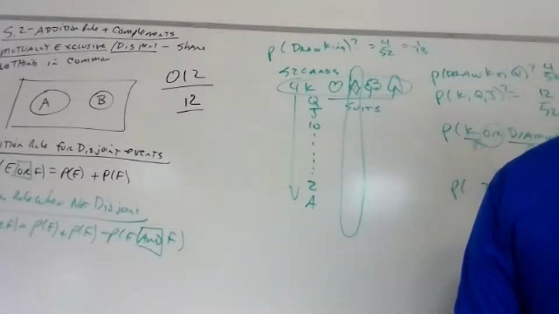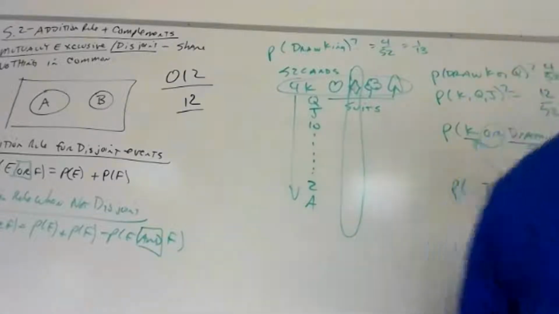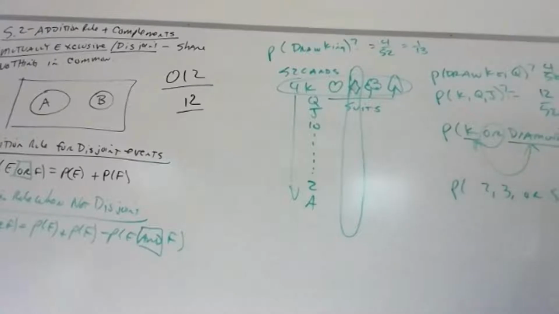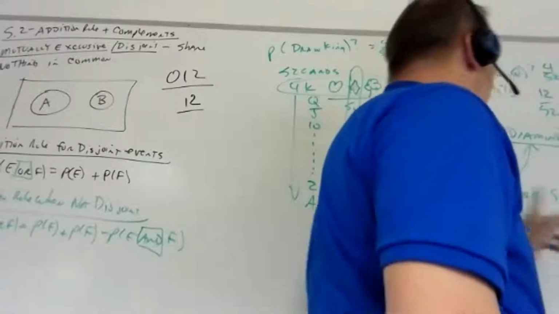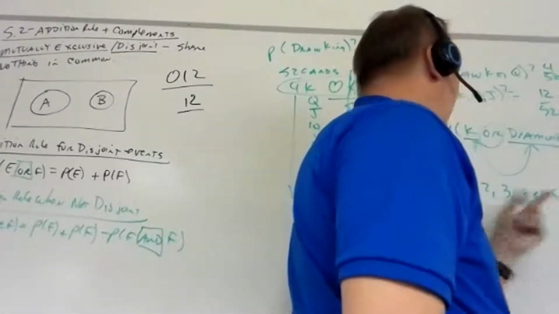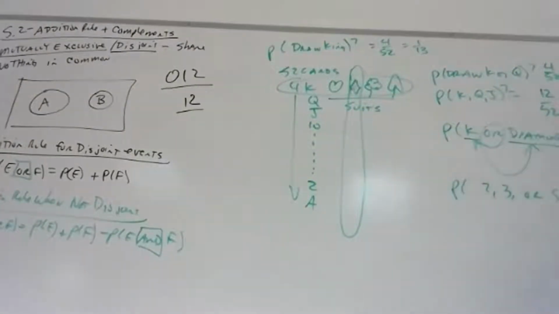Plus 4 out of 52, plus 13 out of 52, minus 2 out of 52. Very well done. So we've got 4 2s, 4 3s, 13 spades, but now we've got a 2 of spades and a 3 of spades, so we've got to subtract off both of those. 4 plus 4 plus 13 is 21, minus 2, 19 out of 52. That actually doesn't even simplify. Okay? Piece of cake?